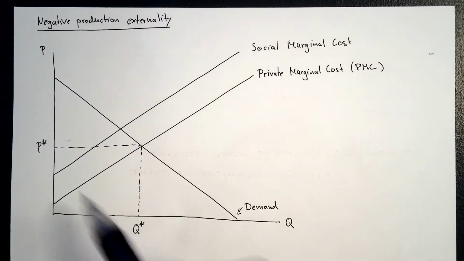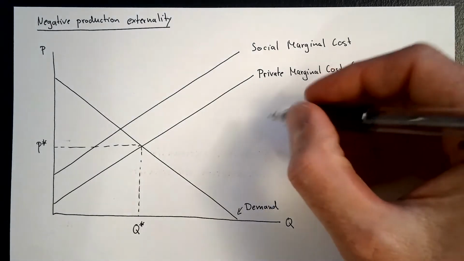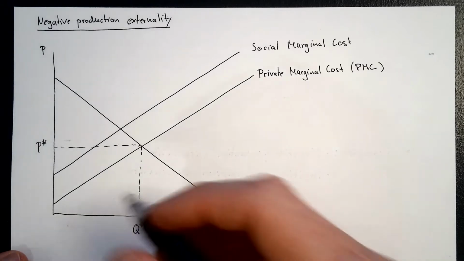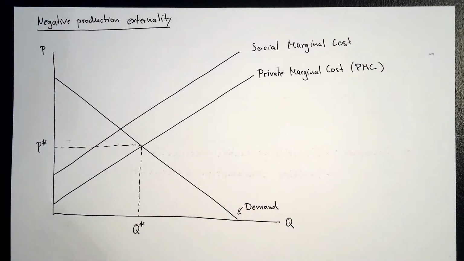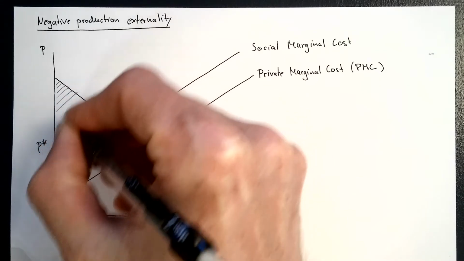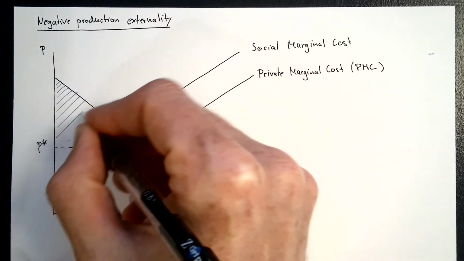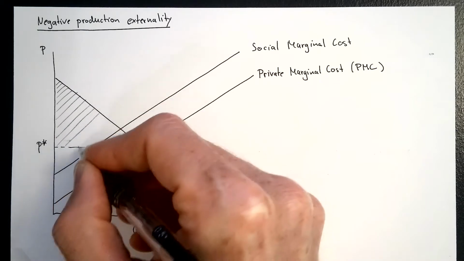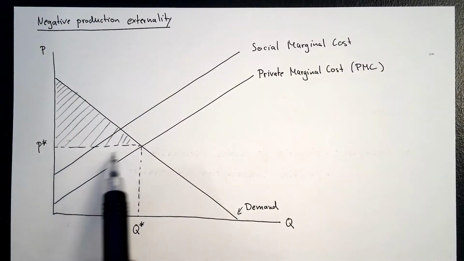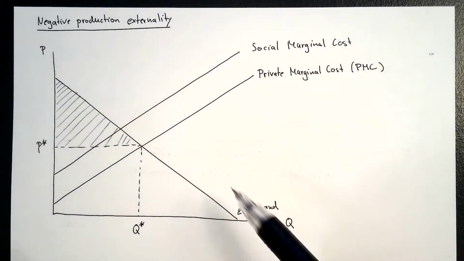Now, let us consider this case here, and let us illustrate the producer surplus and the consumer surplus. It would be easy to say that the consumer surplus is the area which is above the price and below the demand function.